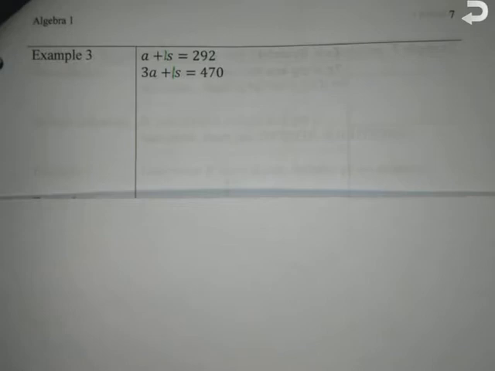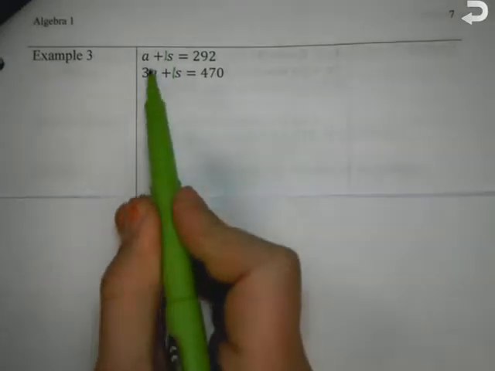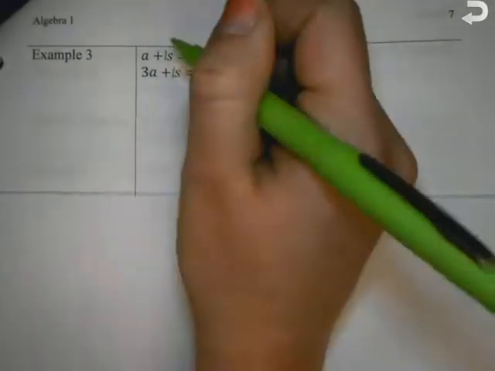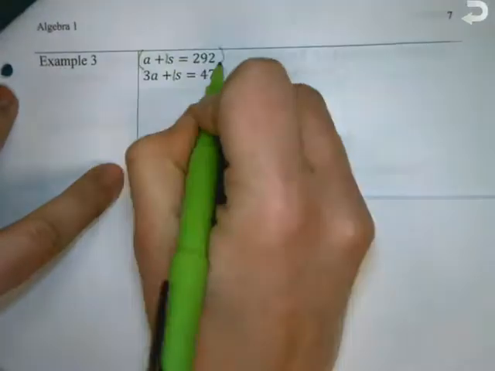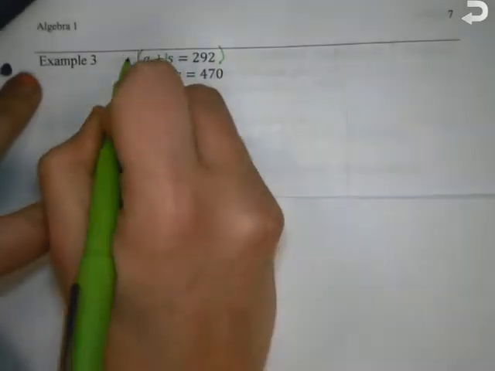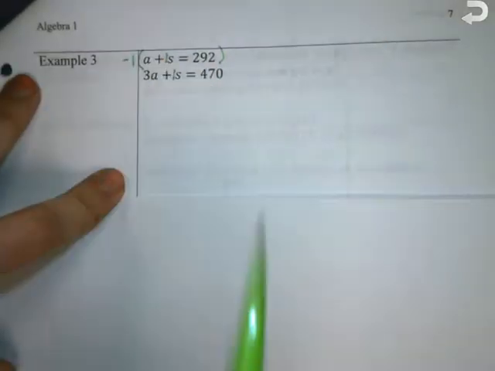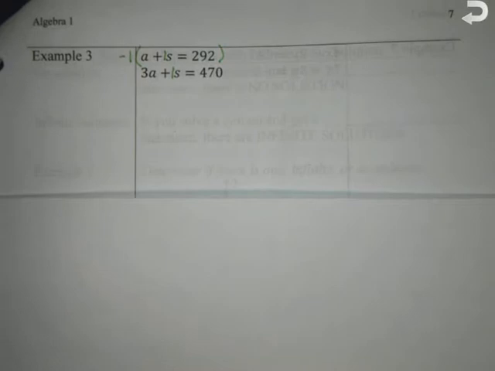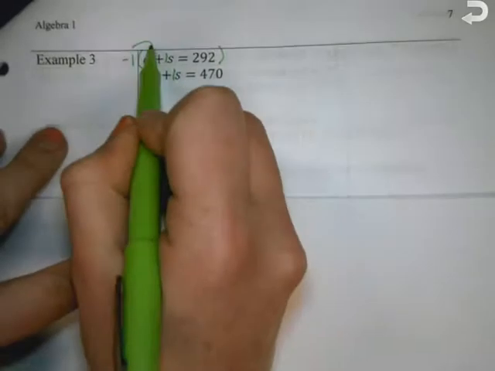How could I do that? Not divide, we can multiply negative 1 into the entire equation, both sides. Which one do you guys want to do that to? 1 or 2? First one. So whatever I do to one side, I have to do to the other. If I multiply both sides by negative 1, distributing it all the way through, what would that give me?